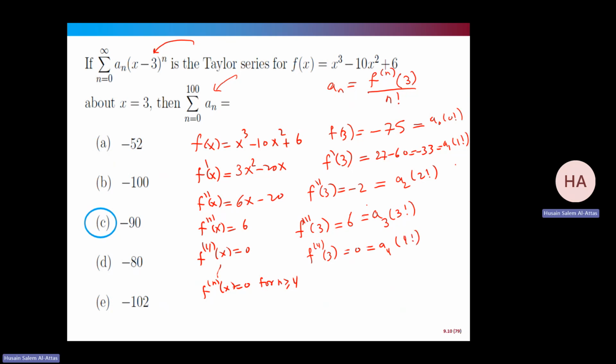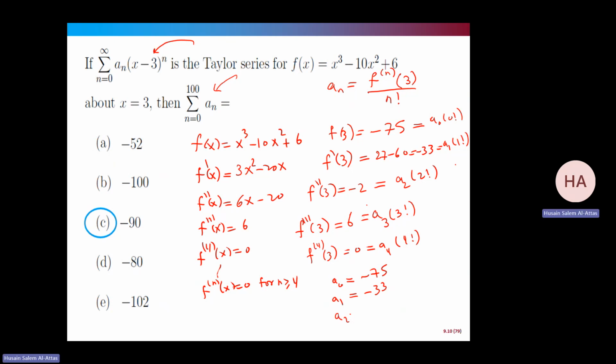Okay, so let me check now what is A0. A0 will be minus 75. A1, I need to add them. A1 will be what? Minus 33. Okay. A2. Did I do the calculation correct?